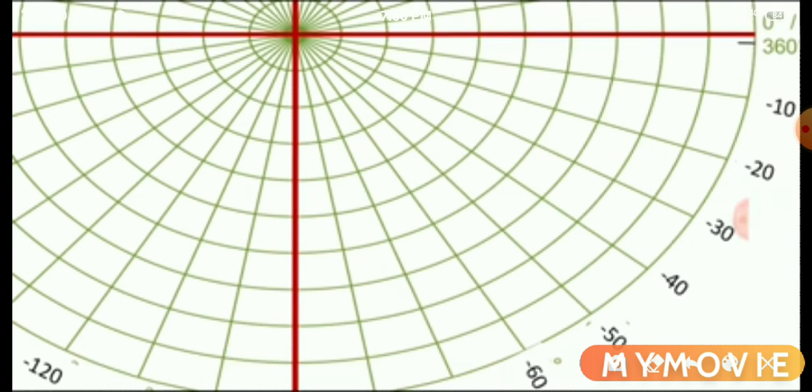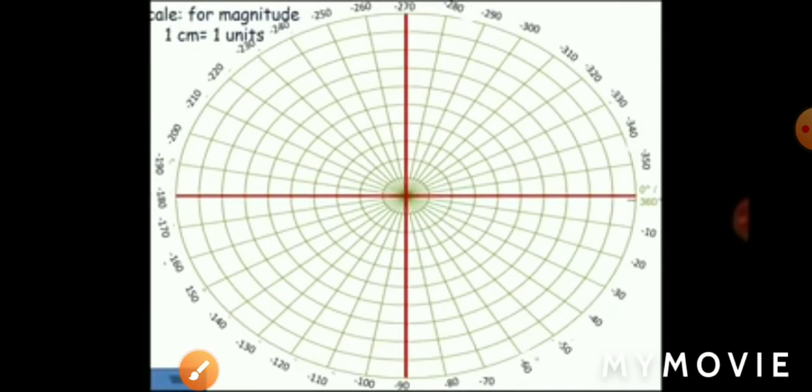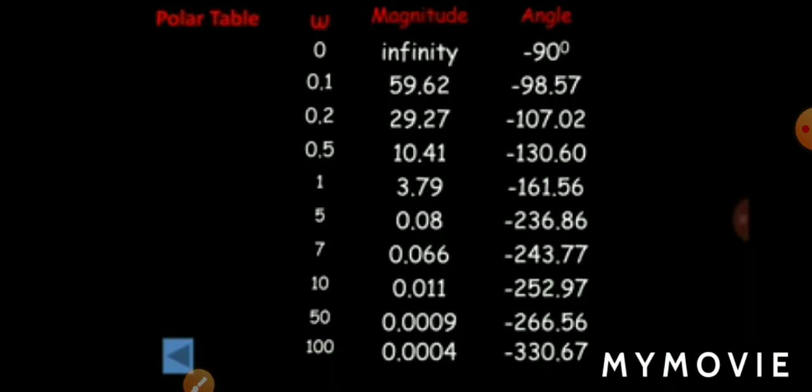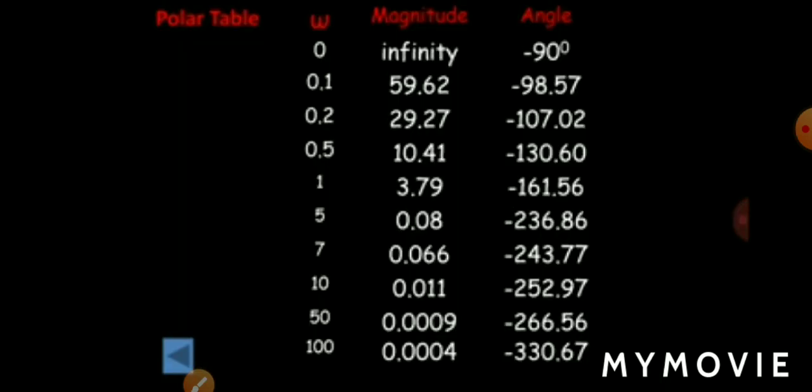While drawing from 0 to minus 90, you can see 59.62 and 29.27, these are not possible, because with 1 centimeter equal to 1 unit, 59 will be very big, and 29 is also very big. So we will go for the third one.